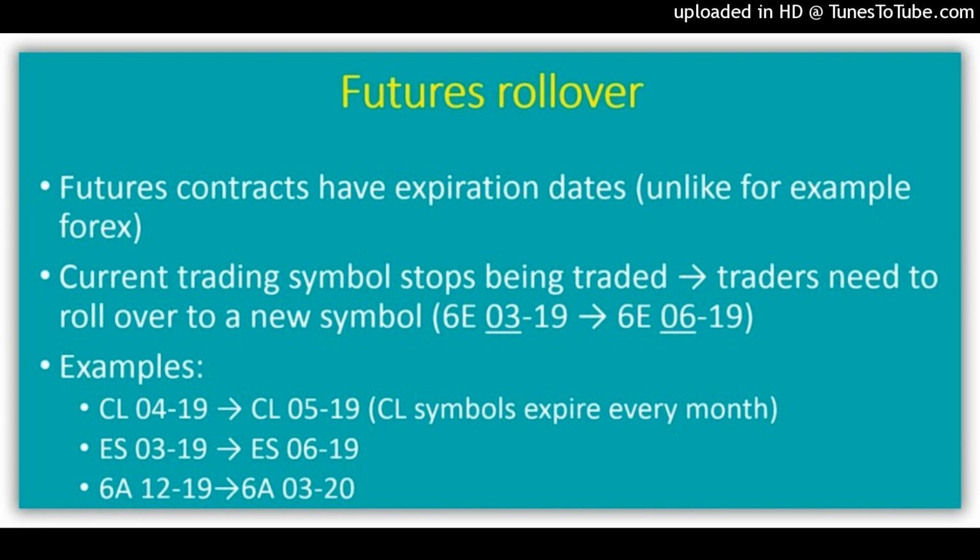If you look, for example, for the 6E symbol, which is the futures symbol for euro, we go Edit. Currently, we are trading the June contracts. And as you can see, the expiration dates are June, September, December, and so on. So the euro futures expires every 3 months.